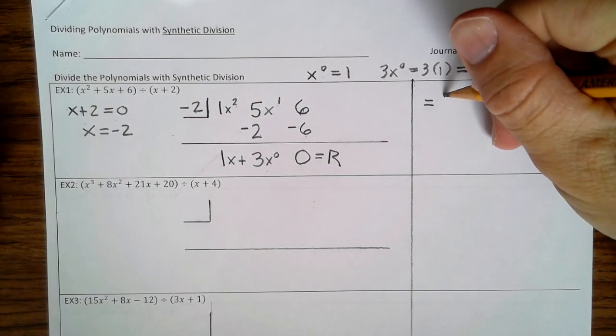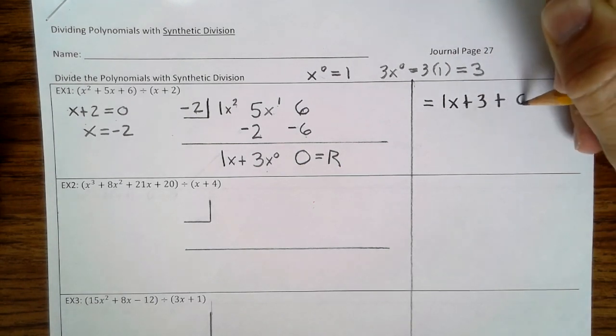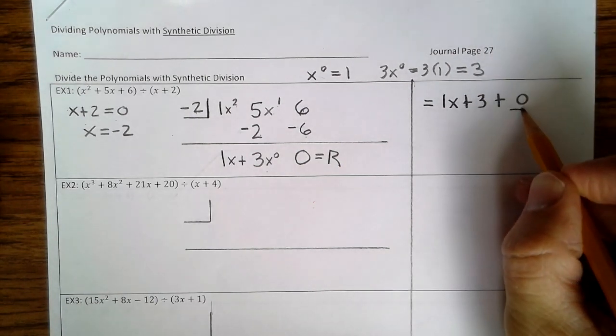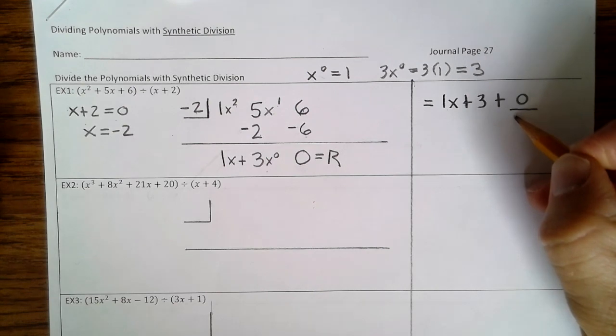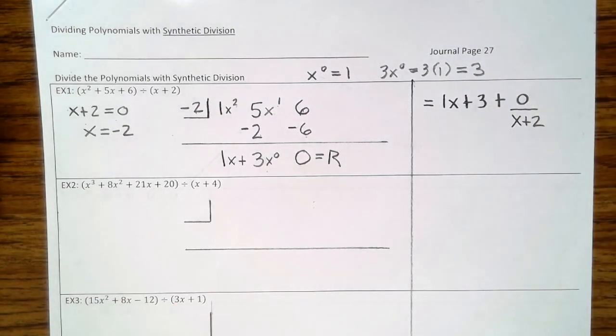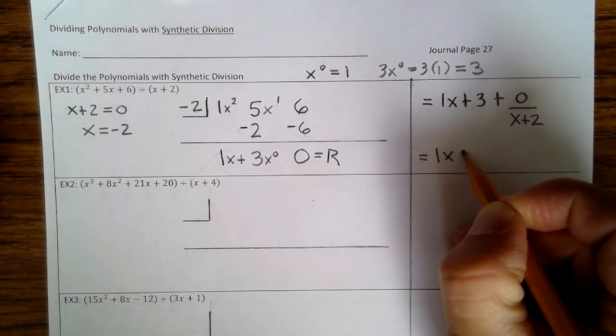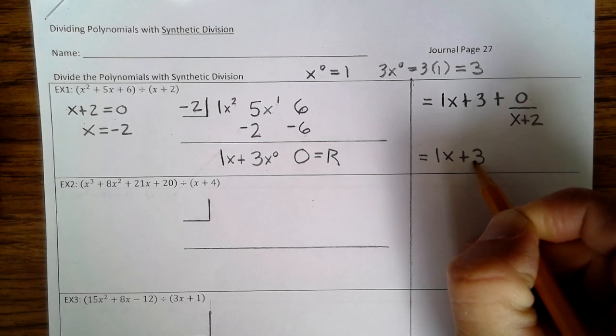So that's 1x plus 3 plus the remainder, which is 0, divided by x plus 2. Now, because that's just 0, you're left with 1x plus 3.